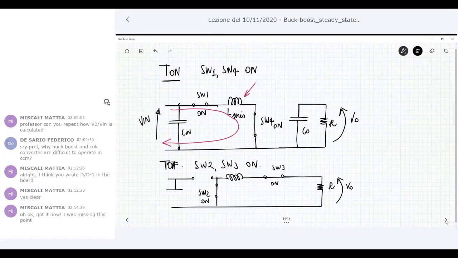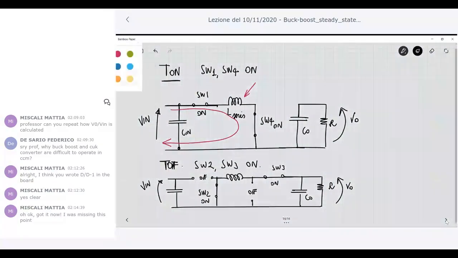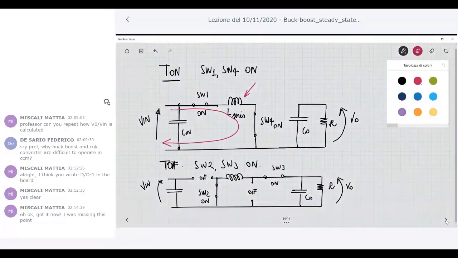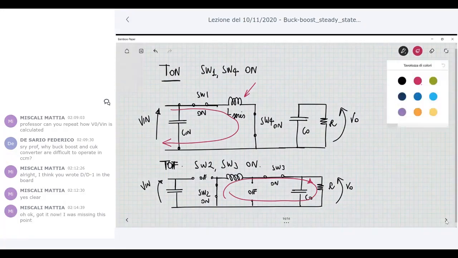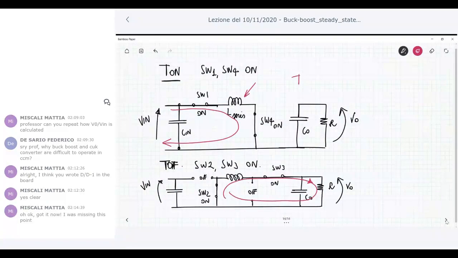R with V naught. Okay, so the other two switches that are connected here are off and off. So in that phase, we can recognize the phase in which the inductance L series discharges through the load this way.